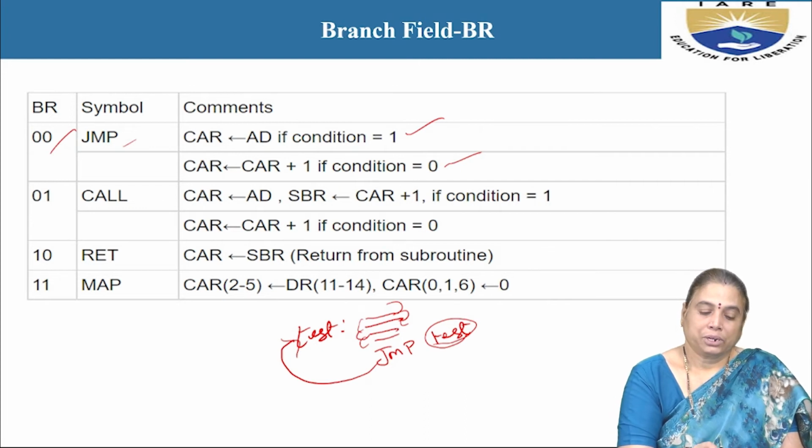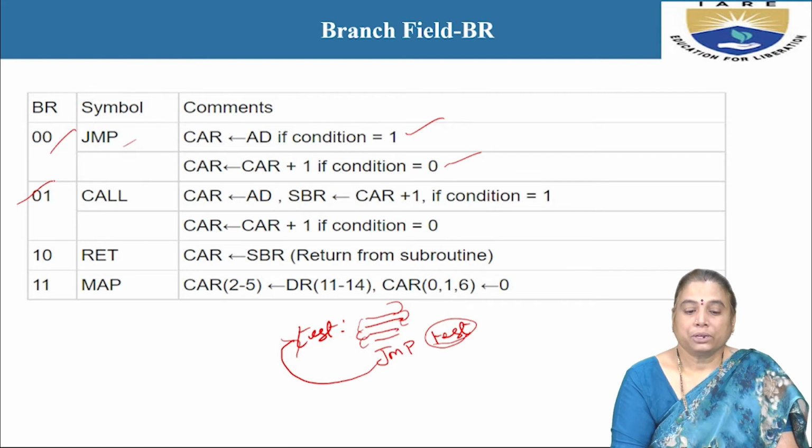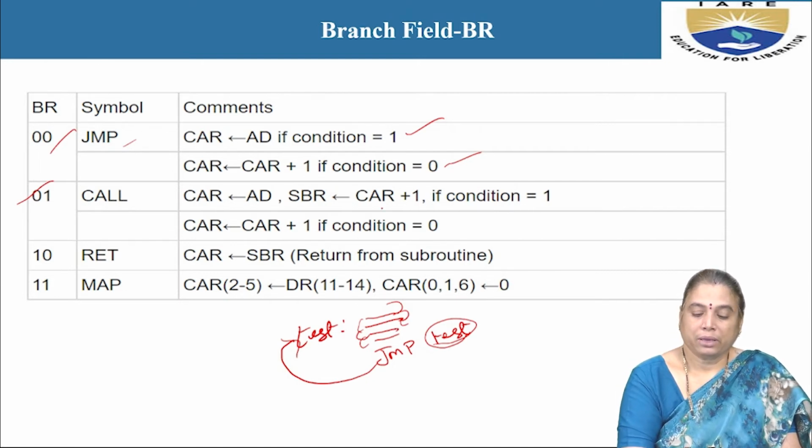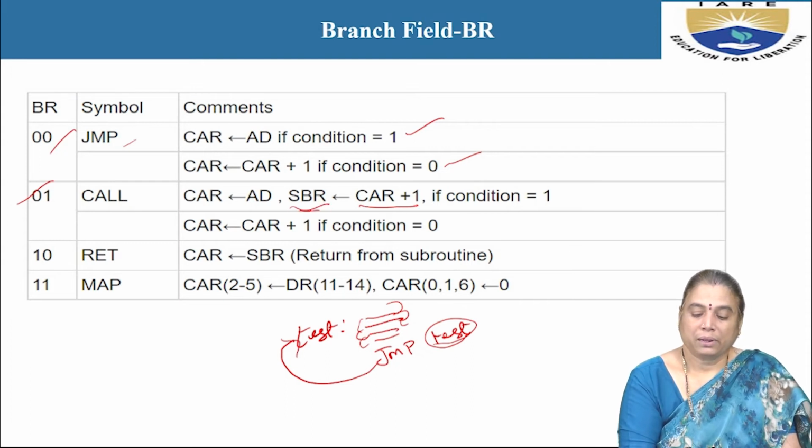When the branch field BR contains 01, the call micro operation takes place. The call is used to call a subroutine. When the subroutine is called, the return address is saved in the subroutine register, so the CAR plus 1 value is saved in the SBR, and the address is moved to the CAR if the condition is 1.